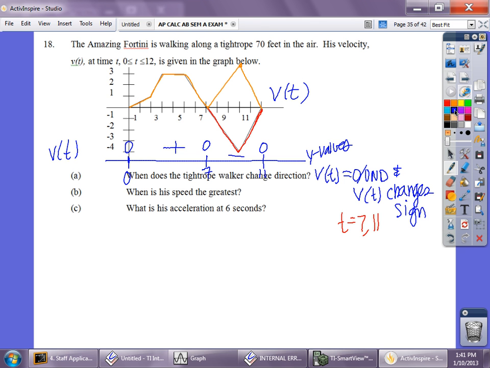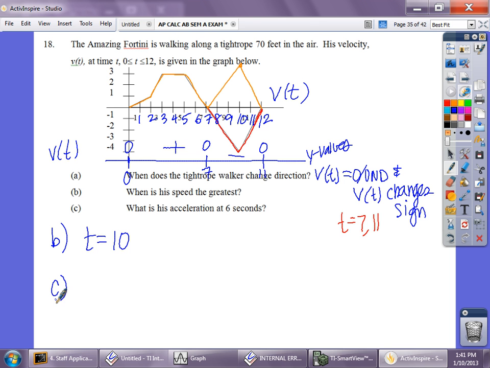So the maximum speed, letter B, occurs at t equal to, I think these numbers are a little off. Sorry about that. No idea why. So at t equal to 10. Again, because we have the graph, I get to use the absolute value graph to do so.